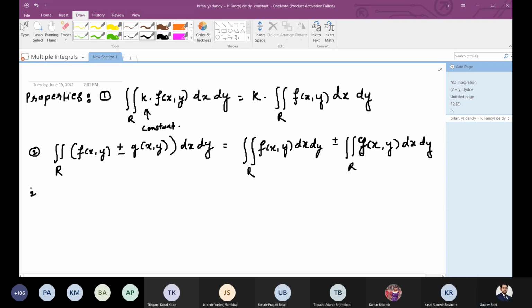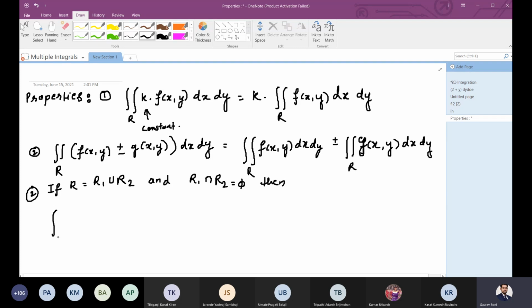Third, if R is equal to R1 union R2 and R1 intersection R2 is equal to phi, then the double integral over R of f of x comma y dx dy will be equal to... I'll just give you a rough idea.